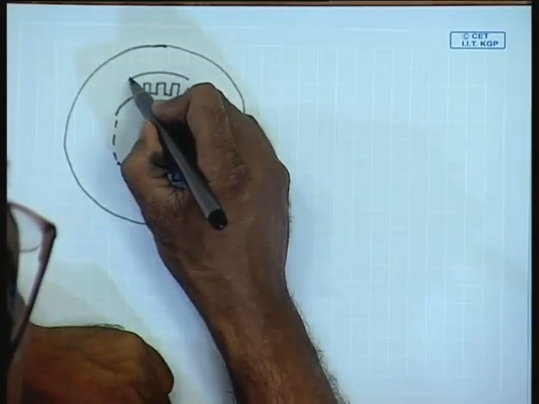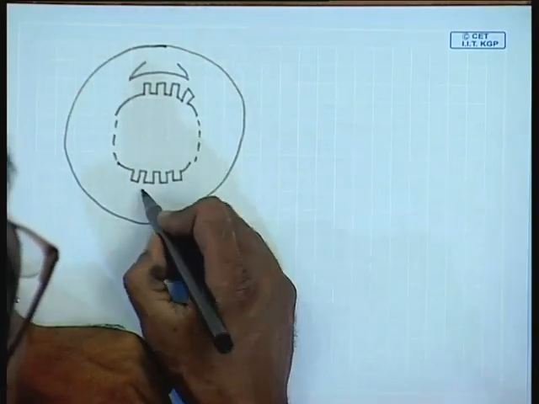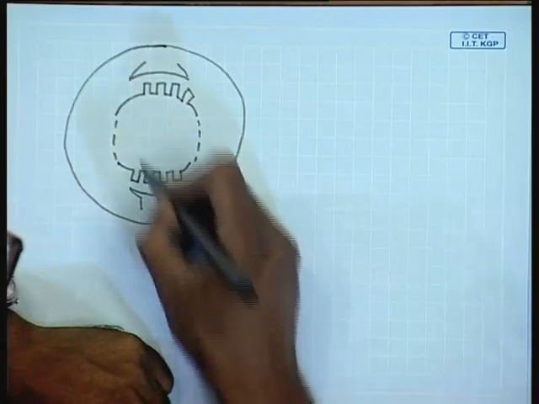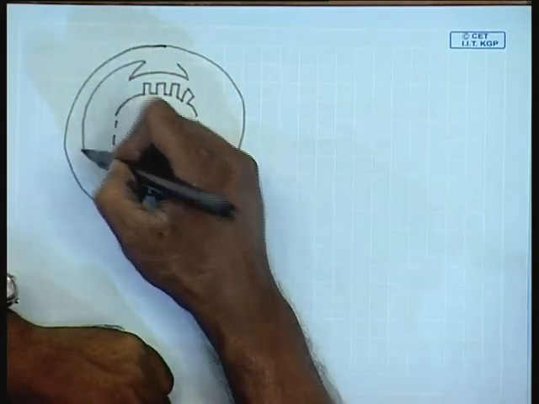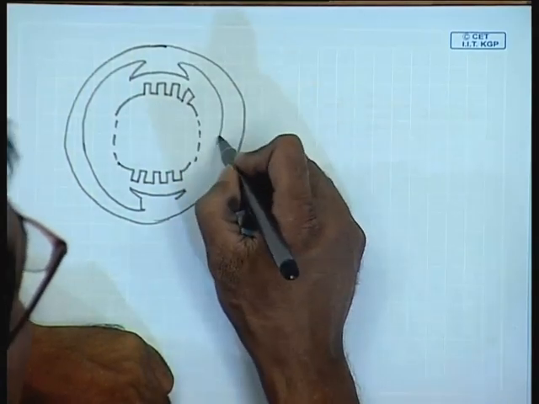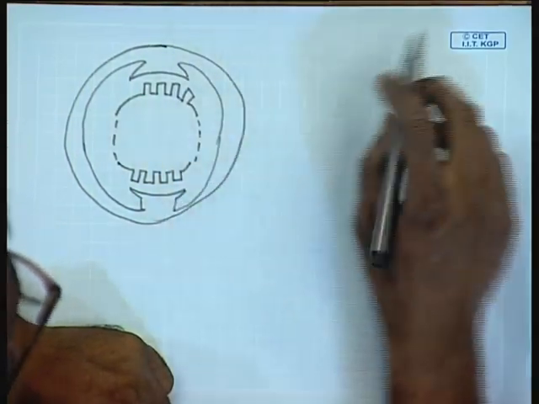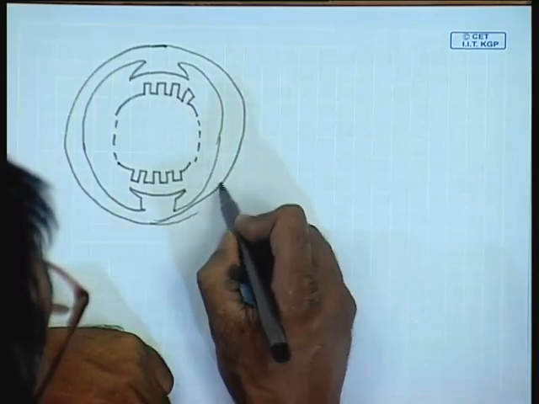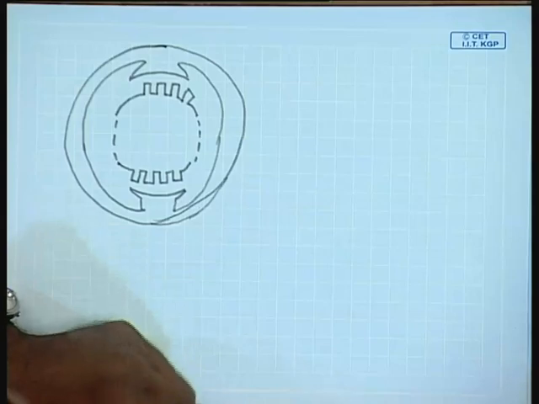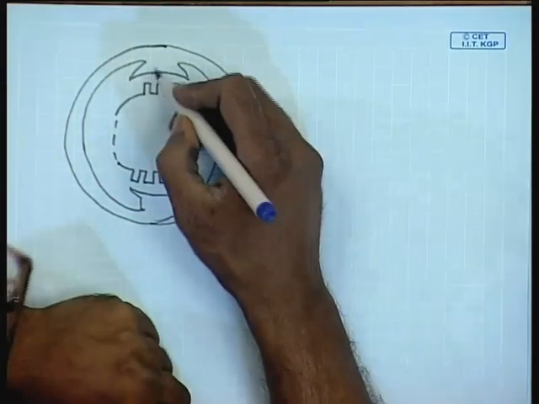This is the pole. The flux path through the machine can be traced like this.